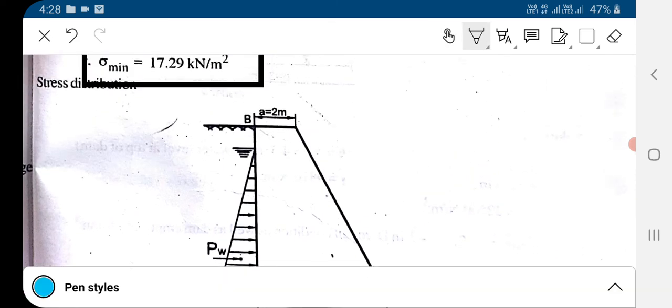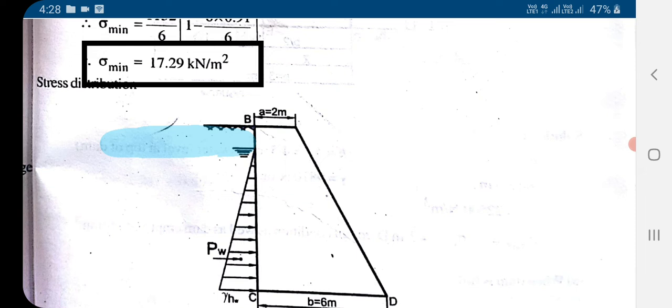So the water is acting on this side. Here on this side the water is acting. It is full of water. We can say it is the reservoir for the dam.